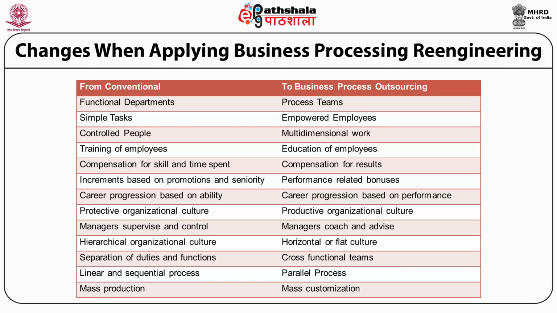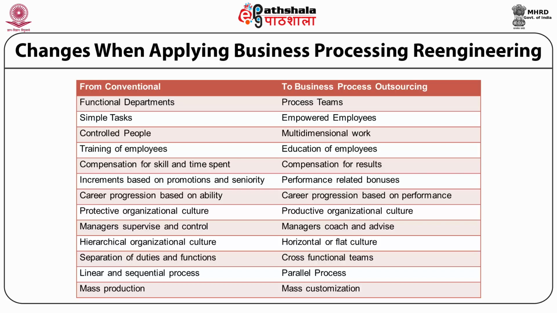Protective organizational culture, now productive organizational culture. Managers supervise and control, now managers coach and advise. Hierarchical organizational culture, now we are talking about the horizontal or flat culture. Separation of duties and function towards cross-functional teams.